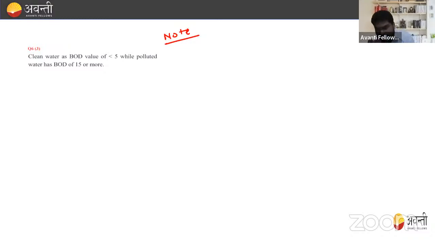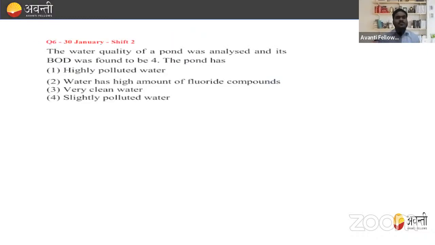So if the BOD is less than 5, then the water is clean. But if the BOD is more than 15, then the water becomes polluted. So which one is the correct option, beta?